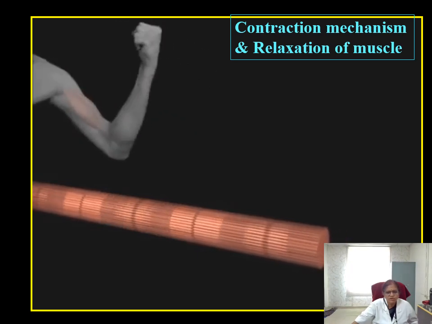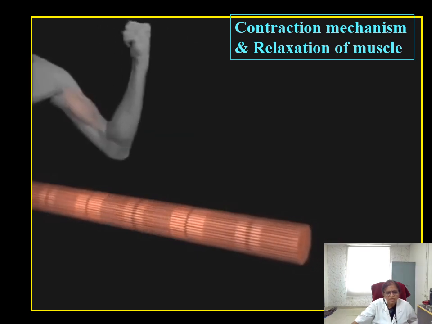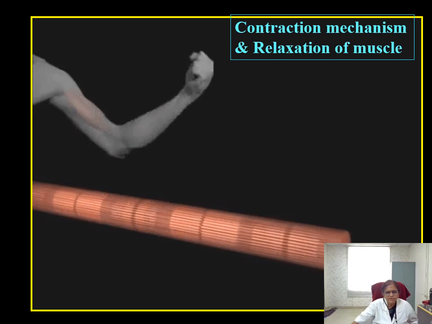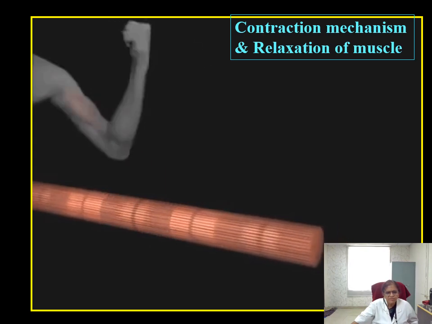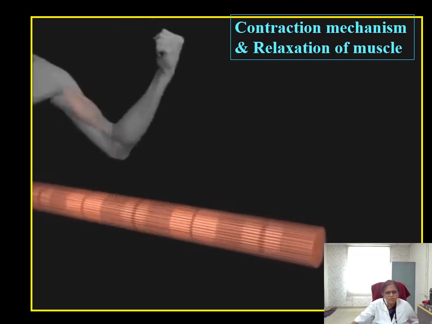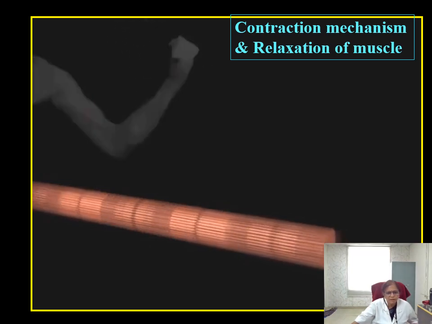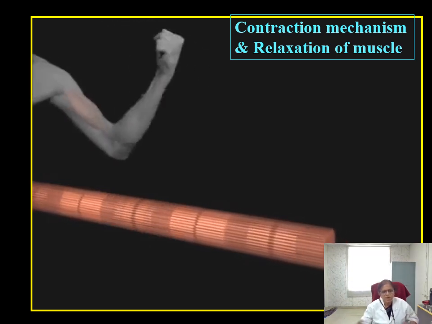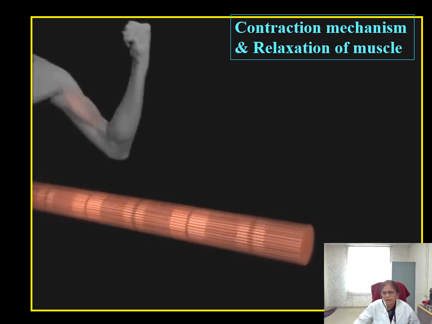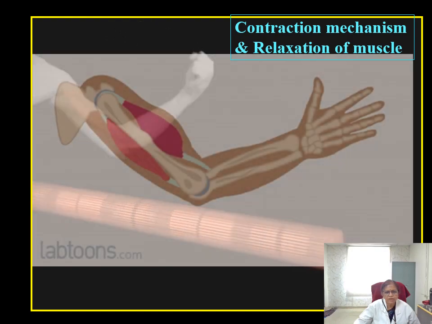This is the overall structure, where the sarcomere is sliding towards the center on either side. From this side the Z line is moving this way, and the other Z line from the other side. So the central, bulky part of the muscle will be shortened by the sliding action of the peripheral parts of the sarcomere here.